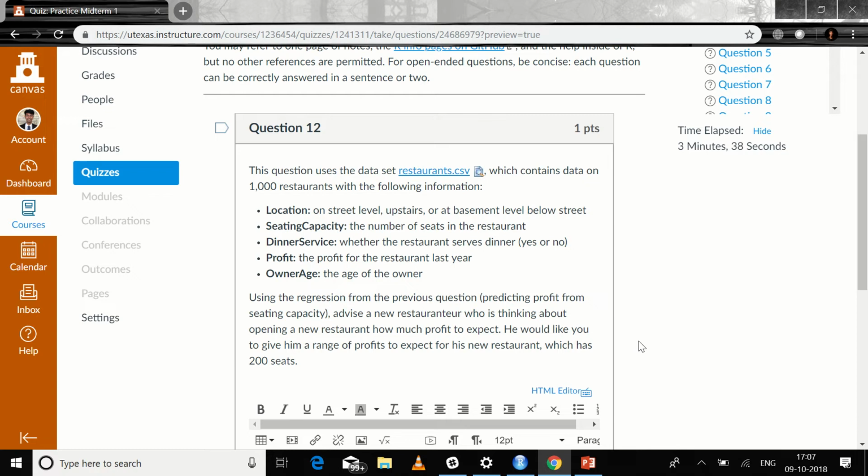So what kind of an interval are we talking about in this question? It's a prediction interval. Why? You'd essentially like to predict the profit on a new single restaurant that this guy is planning on opening. So it's a prediction interval and not a confidence interval.